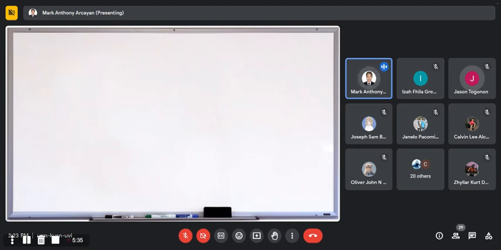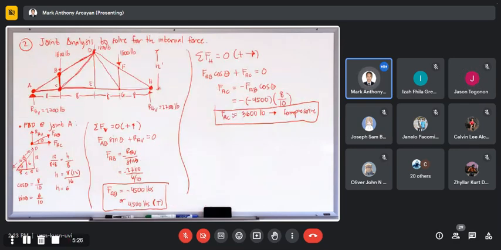Okay, so na-solve na ang kadtong mga pins A, B, and C. Now let's take a look at pins D and E. So kung dito sa pin D, we have 1, 2, 3, 4, 5 ka unknowns. Pero na-solve naman ang BD, na-solve naman ang CD.